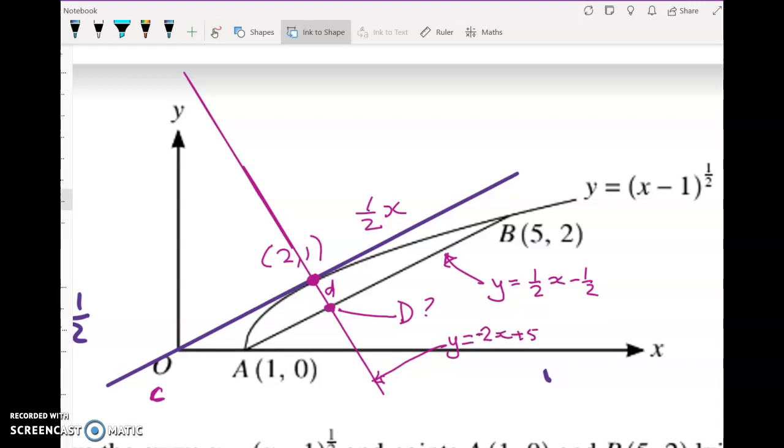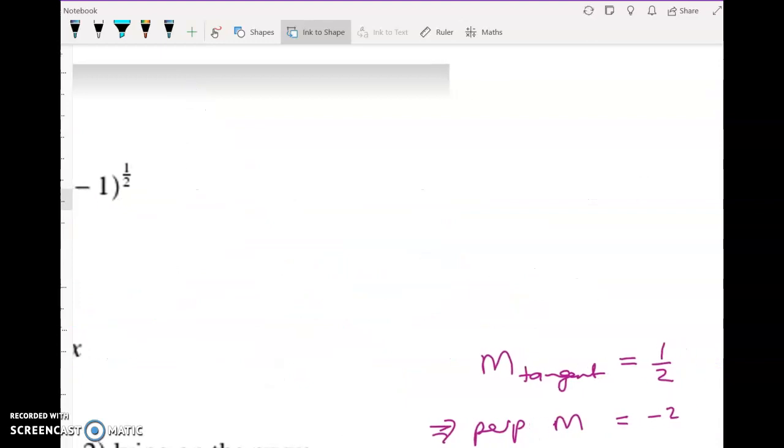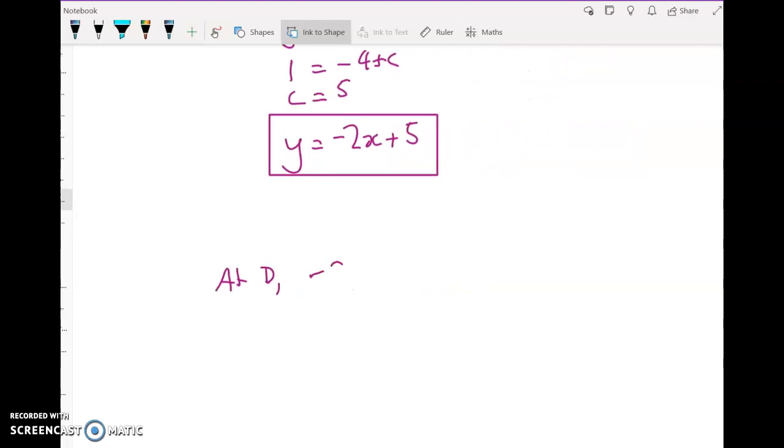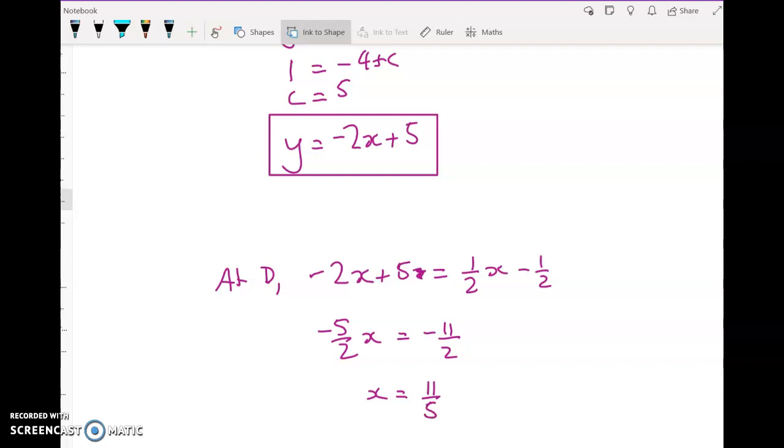So point D is where they intersect. So negative 2x plus 5 is equal to, what was the other one? 1/2 x minus 1/2. That gives me negative 5/2 x is equal to negative 11/2. So x is equal to 11/5.